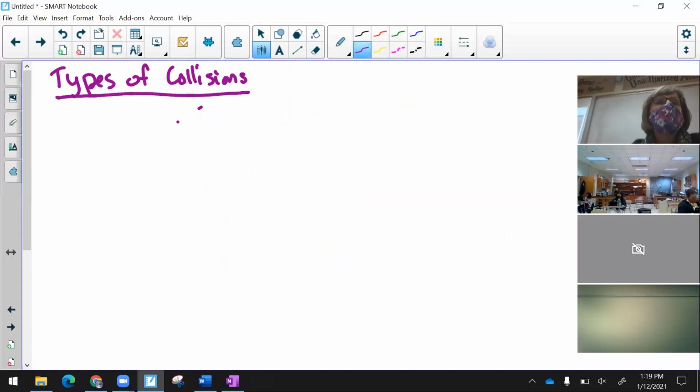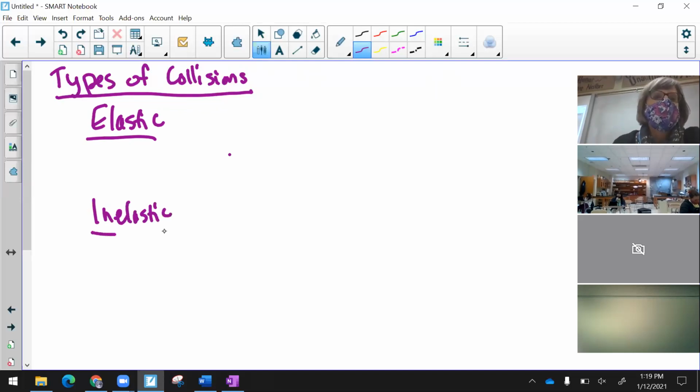So what were the last 2 types of collisions that we talked about? The Earth and the meteor colliding and the toy breaking into 3 pieces. What kind of collision was that? Well, we have elastic collisions.